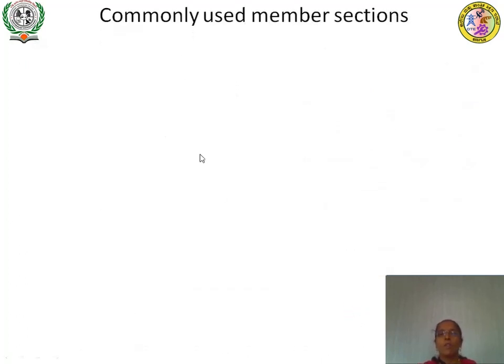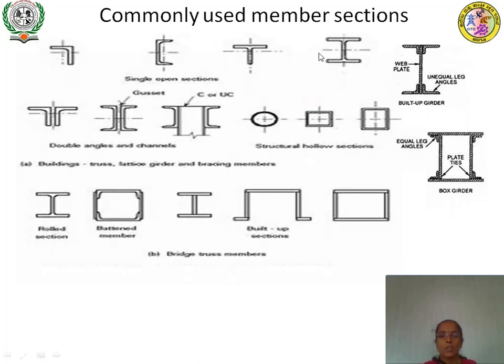Okay, so next we'll go for the commonly used member sections. What are the different types of sections that are used as members of a truss? Here are some figures. This is an angle section, which may be used as a member of a truss. This is a channel section, a T section, and an I section.